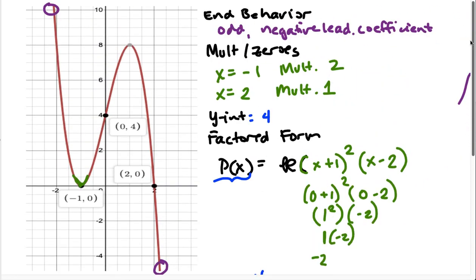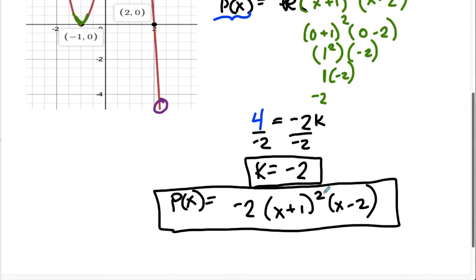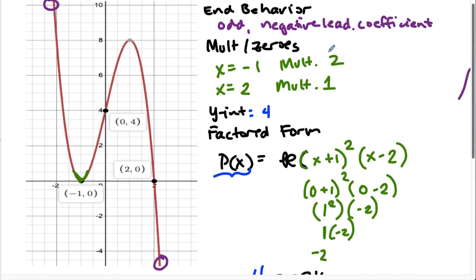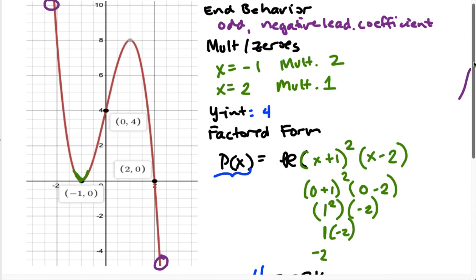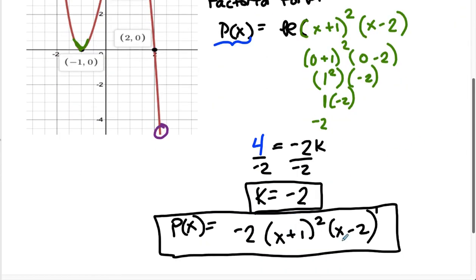It has an odd degree, because by the time you multiply this by this, you're going to end up with a 3, which is an odd degree. And the zeros here are -1 and +2, so that checks out. The multiplicity of -1 is 2, which bounces off the x-axis, and the multiplicity of x equals 2 only happens once.